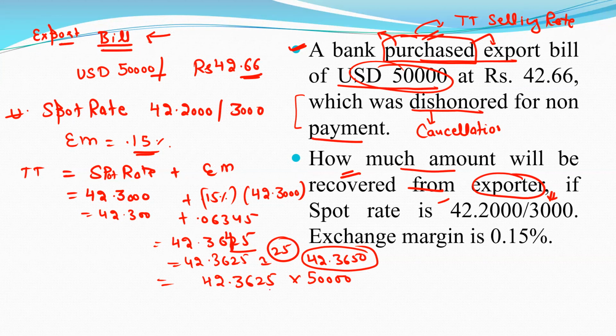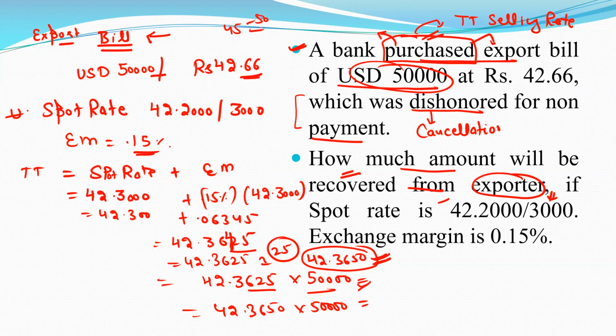So you have to calculate both answers, either with respect to 42.3625 or 42.3650. As per the rule we will get the answer from one value, but we have to calculate both. Because 45 is closer to the 50.